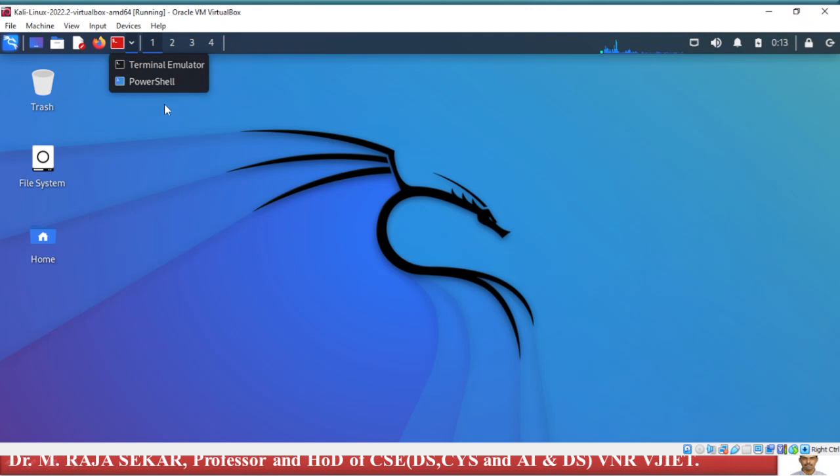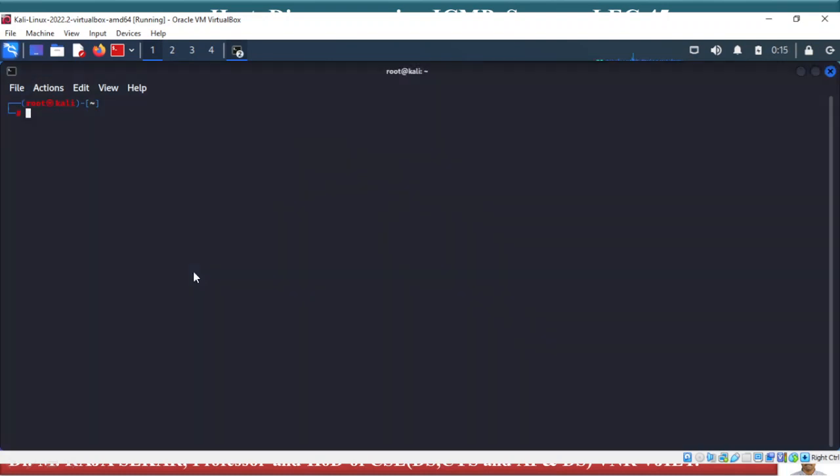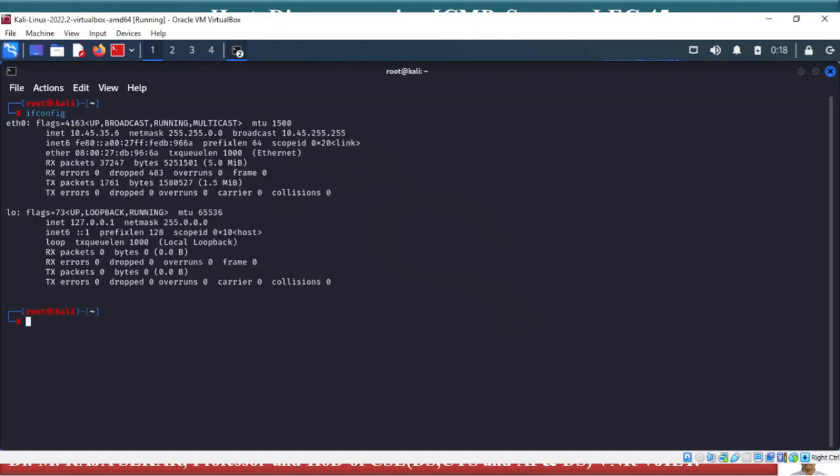I started Kali Linux. I'm going to the root user, which we know how to do from our previous lectures. After that, what I am doing here is ifconfig. What will you get because of this ifconfig? I will get the IP address.